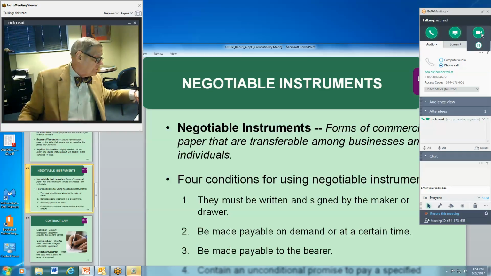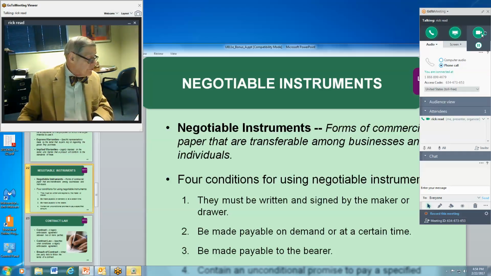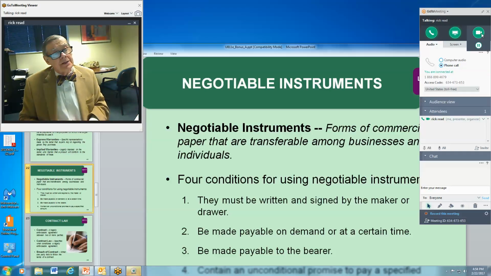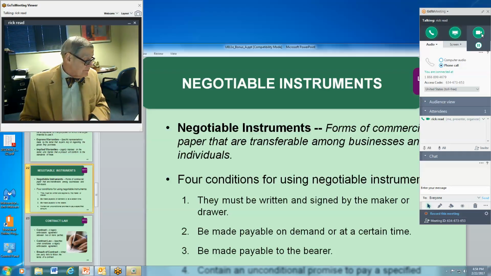Not necessarily that's true, or not necessarily that you wanted to do that, but it could be. Notice that they are, in the text, traded or transferred among businesses, and they represent a promise to pay, negotiable.